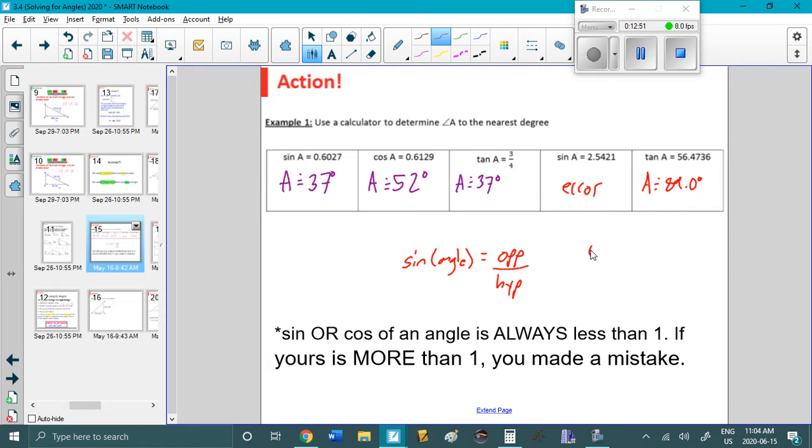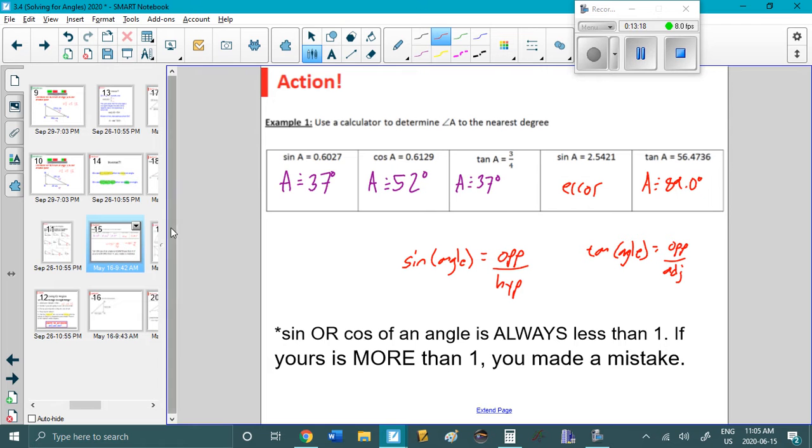Well, remember, tan of an angle is the opposite over the adjacent. Now, think about it. In a triangle, is the opposite always bigger? Is the adjacent always bigger? Or can it be either way? It can be either way, right? The opposite and the adjacent, either one can be bigger than the other. It doesn't matter. So tan can be bigger than 1.